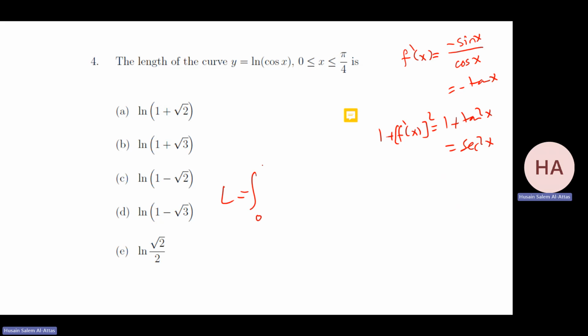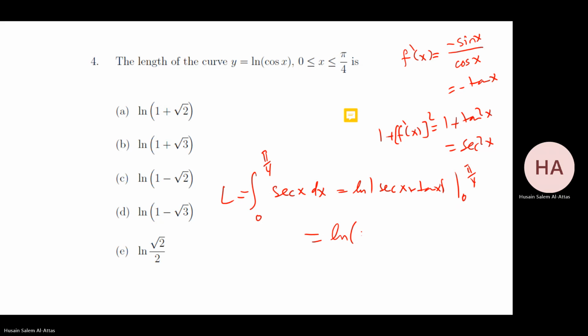So L will be from 0 to pi over 4 secant x dx, which is ln secant x plus tan x from 0 to pi over 4. And that will be then ln of the square root of 2 plus 1, minus 0. Minus ln 1, which is 0.